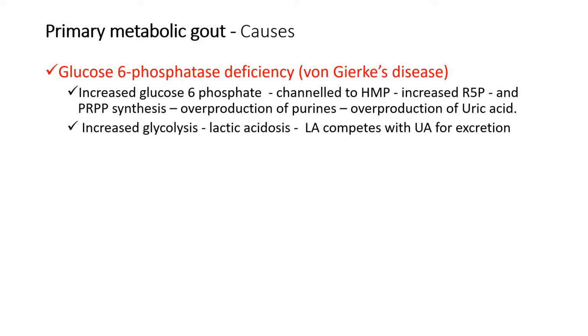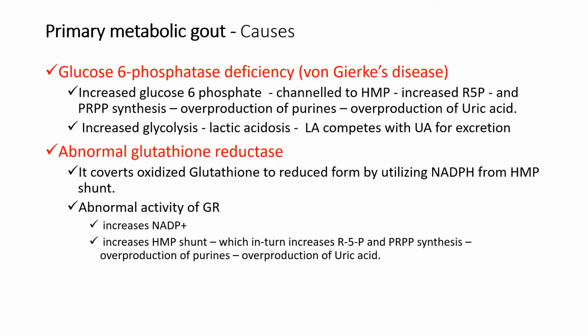Then we have one more enzyme abnormality, that is an abnormal variant of glutathione reductase. This enzyme converts oxidized glutathione to the reduced form utilizing NADPH, which is generated by the HMP pathway. So abnormal activity of this enzyme causes increased production of ribose 5-phosphate and thereby PRPP, eventually leading to hyperuricemia.